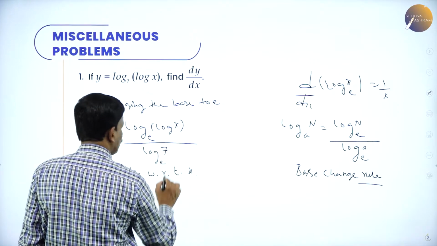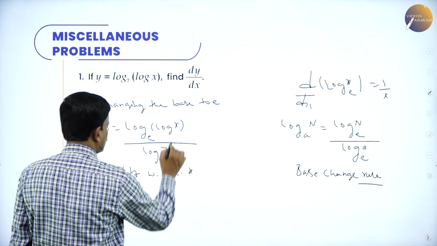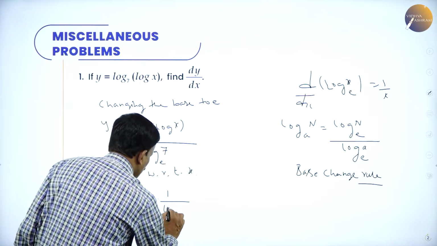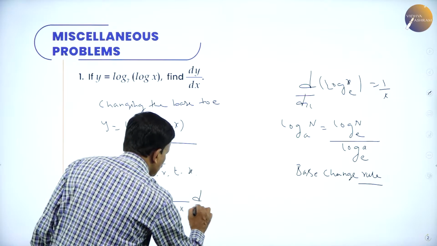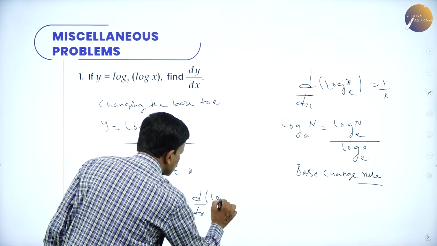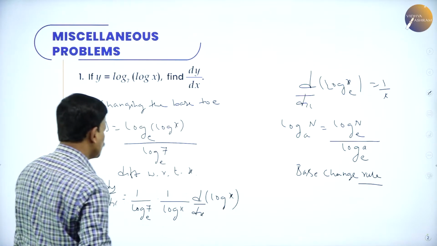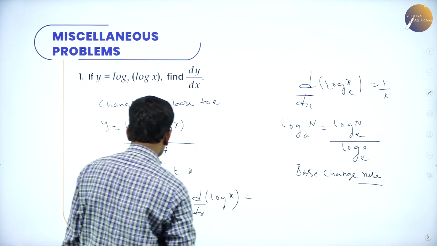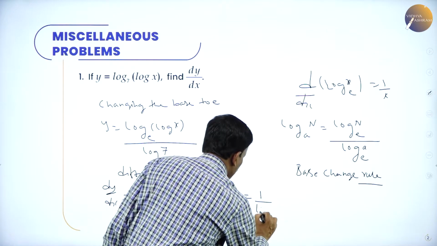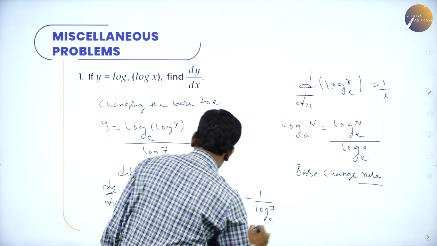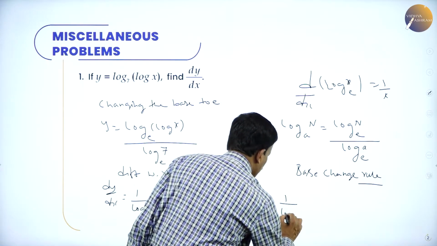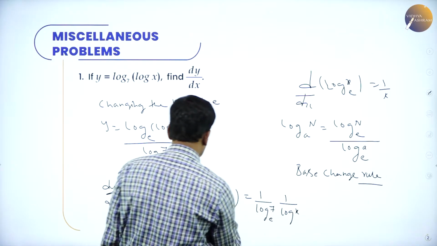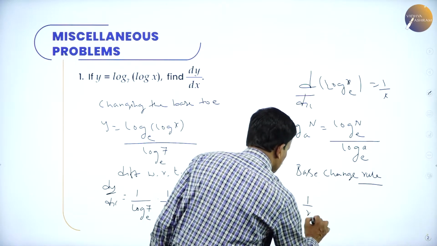Now this is a function of a function. Differentiation of log x is 1 over x, so it is 1 over log x into d by dx of the inside function log x, which is 1 over x.